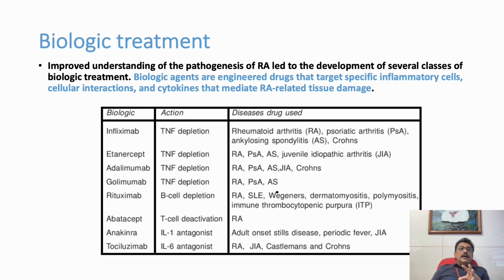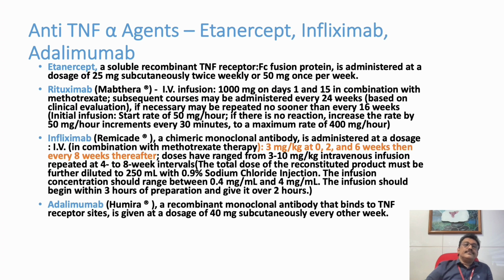These are the biologicals available: infliximab, etanercept, adalimumab, rituximab, anakinra, tocilizumab. These are the common drugs we use, but they can be used in other conditions also, other than rheumatoid arthritis: psoriatic arthritis, ankylosing spondylitis, juvenile idiopathic arthritis, Crohn's disease, ulcerative colitis. All these things also we can try these drugs.